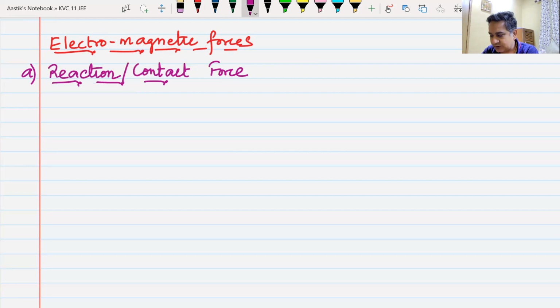Reaction force or the contact force. Whenever 2 bodies are in contact, even if they are not in contact, they can exert forces on each other. But when they are in contact, they again exert forces on each other. Those forces are known as reaction forces or contact forces. Do we understand this? So we will deal with this reaction and contact force in the next class.